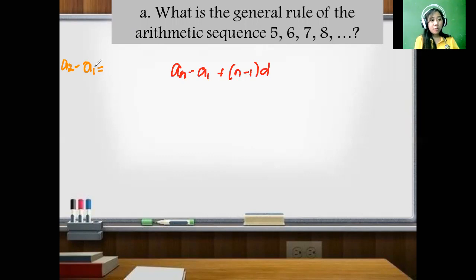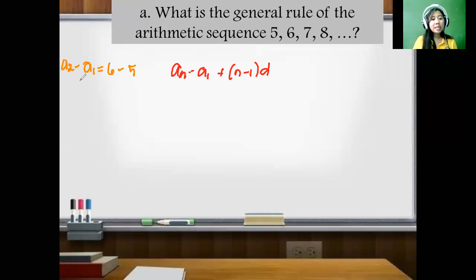So a sub 2, or the second term of our arithmetic sequence, is 6. And our a sub 1 is 5. So a sub 2 minus a sub 1 is 6 minus 5. Okay, so this is now the common difference of our arithmetic sequence.